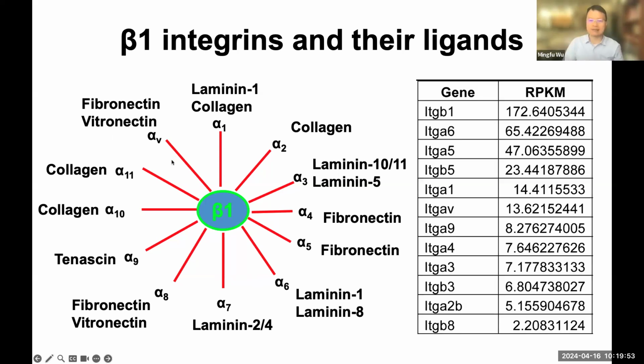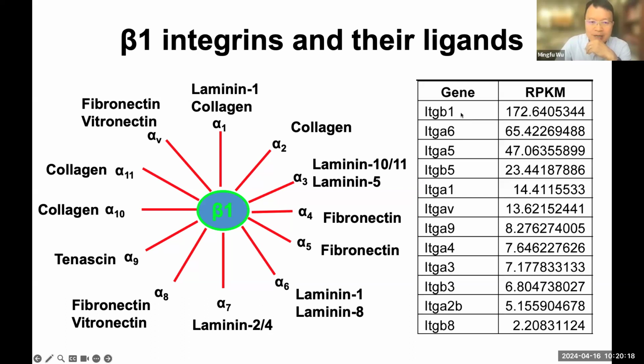So what about in the heart? We did mRNA deep sequencing and found the transcription levels of the genes encoding the different beta subunits and alpha subunits. We found that the gene encoding the beta-1 subunit is expressed highest in the heart at about E10.